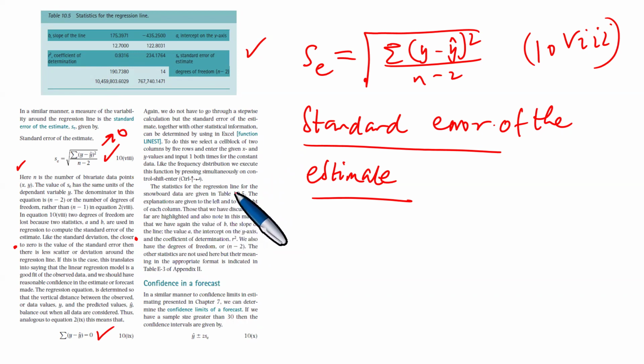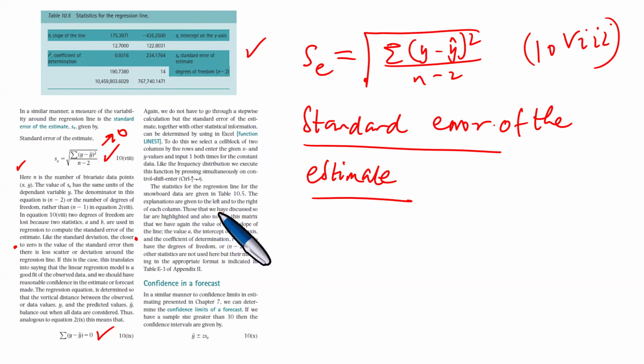The statistics for the regression line for the snowball data are given in table 10.5. The explanations are given to the left and to the right of each column.